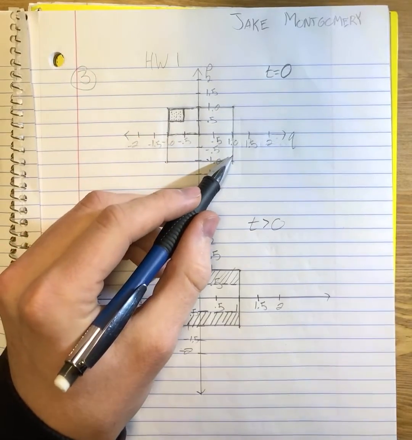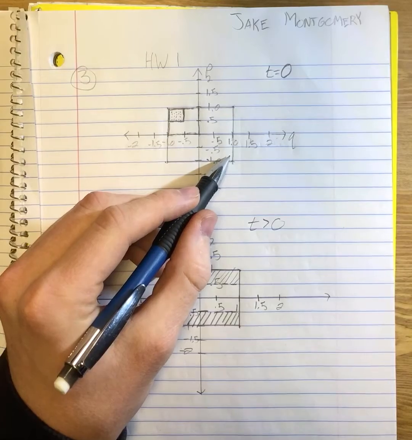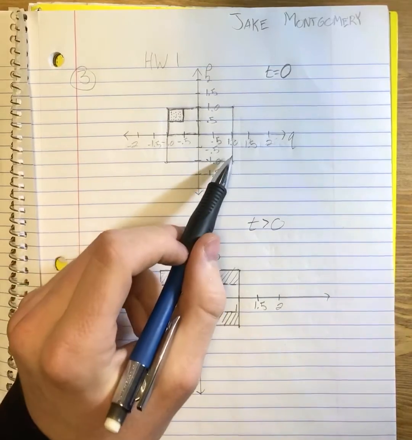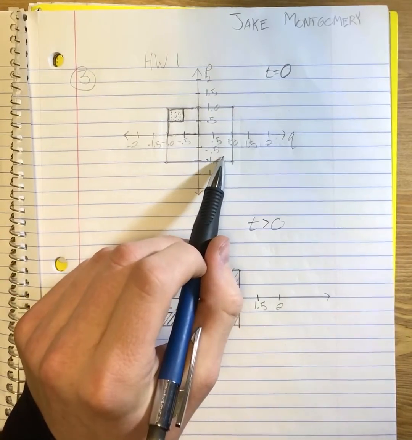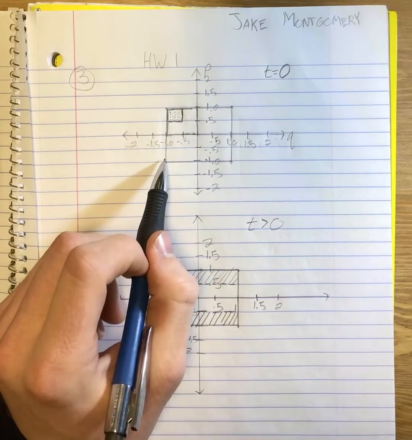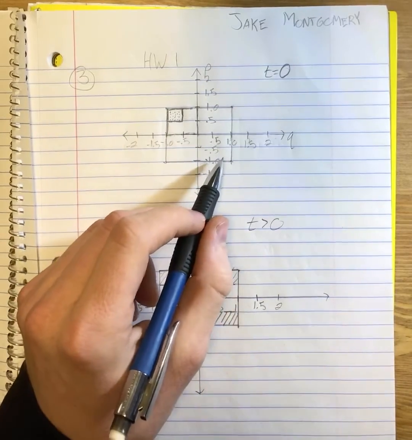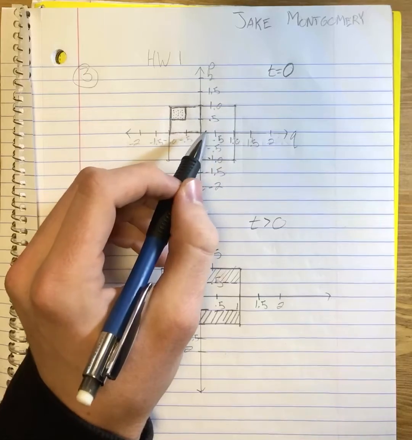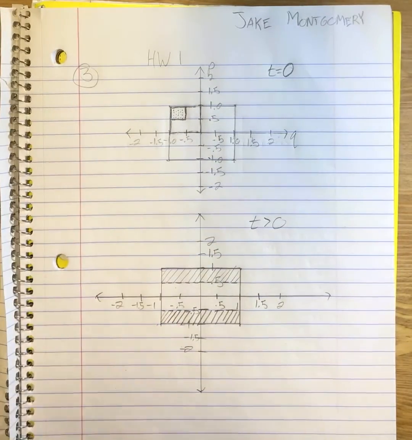Once they have negative momentum, they'll start going towards the left side of the box, because of the negative momentum and because they reflected off of the wall. So now they're going the other way.